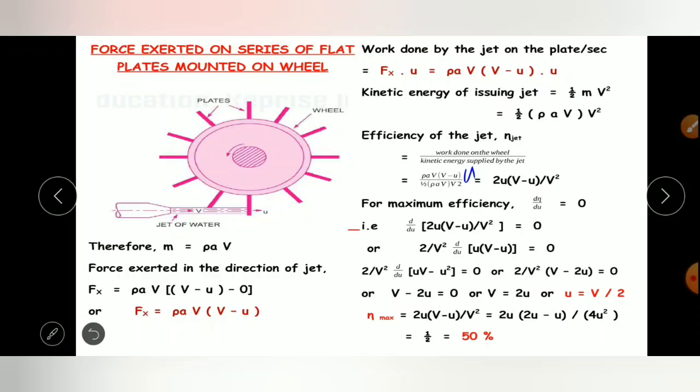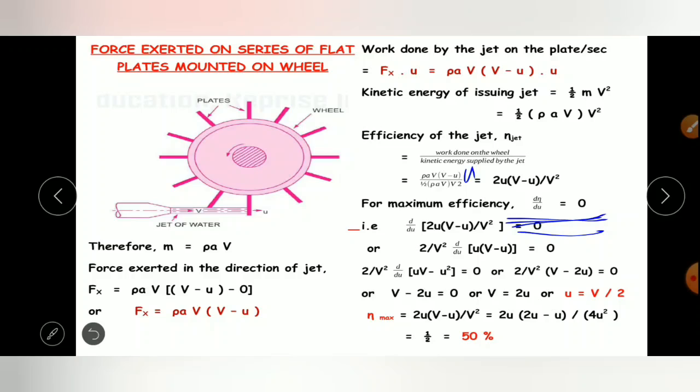Now we should discuss what is the maximum efficiency of the jet on the wheel. For maximum efficiency, the derivative of the efficiency with respect to U must be equal to 0. This is the condition.